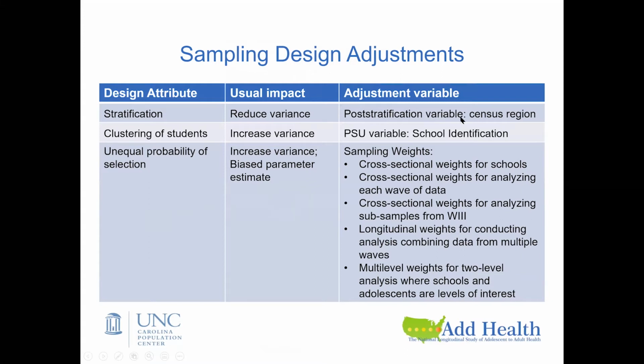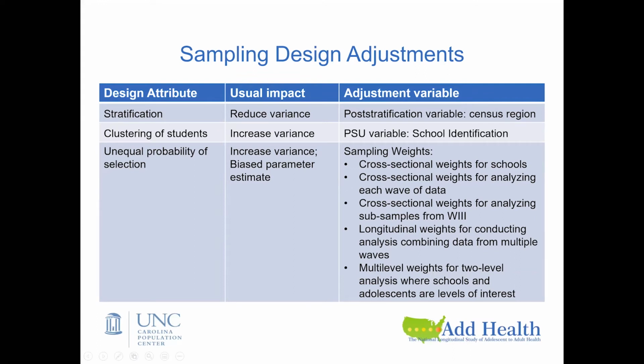And the way you adjust for this is you use a post-stratification variable, and that's the census region. Adjusting for clustering of students, as I said, will tend to increase the variance after adjustment is made, reducing the false positives. And to adjust for clustering, you simply use the primary sampling unit variable, which is the school identification. And I'll show you in the document what these variables are. And then unequal probability of selection also tends to increase the variance estimates, but it also can bias a parameter point estimate, and you have to use sampling weights.